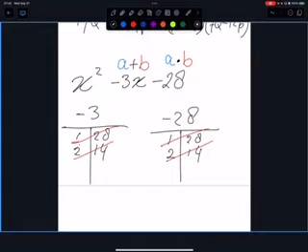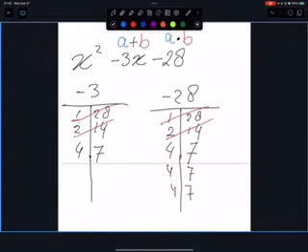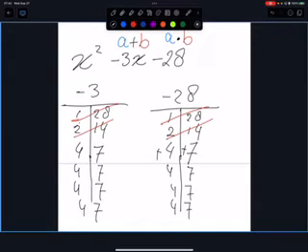And as you progress, you will notice that 4 and 7 might look like an adequate solution. But now you have different variations of 4 and 7. I have positive 4 and positive 7.